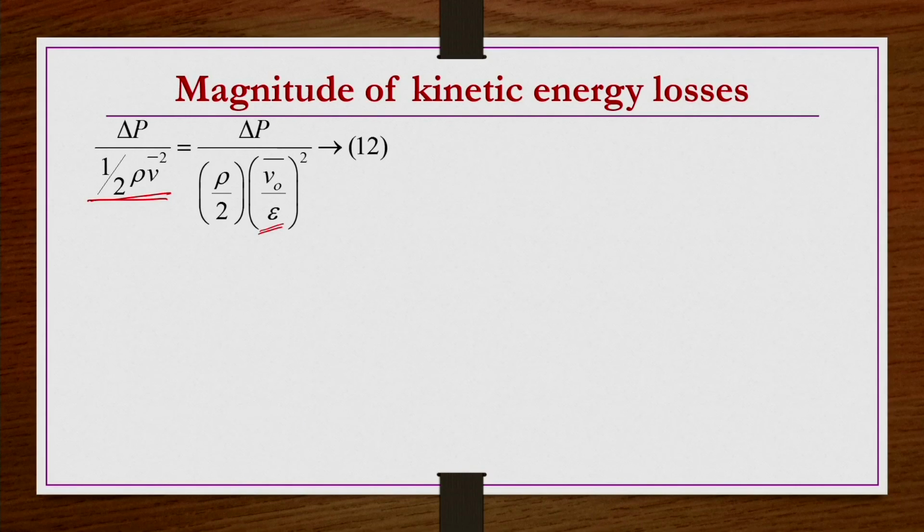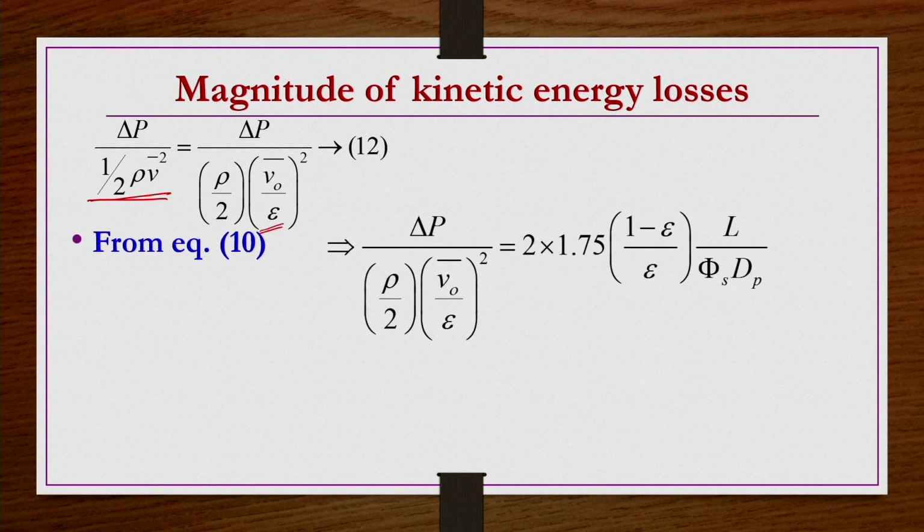So, now in equation number 10, that is the pressure drop at high Reynolds number, the Burke-Plummer equation, we rearrange such that if we divide both sides by rho by 2 into V naught bar by epsilon whole square, then we get the magnitude of the kinetic energy losses in the pressure drop calculation for flow of a Newtonian fluid through packed beds.